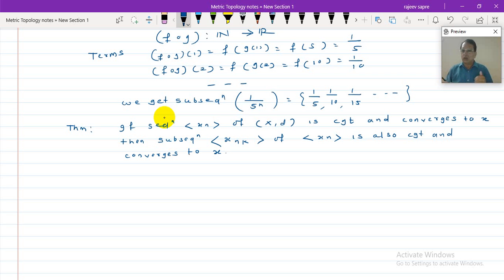Now, whenever I talk about a subsequence, the terms of that subsequence are again from the main sequence xn. So the same story will happen here. Only thing is that in the main sequence k may be 100, but in the subsequence it need not be 100. It can be the 4th term also, or the 10th term also. It depends on what subsequence we are taking. But from that term onwards, because the terms in the subsequence are terms from the sequence itself, it follows.